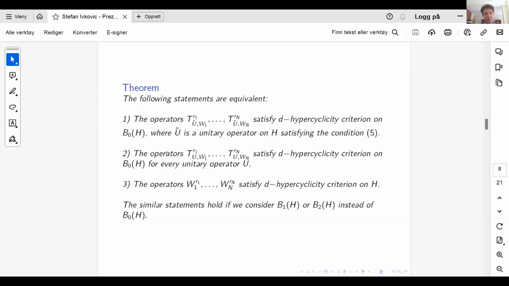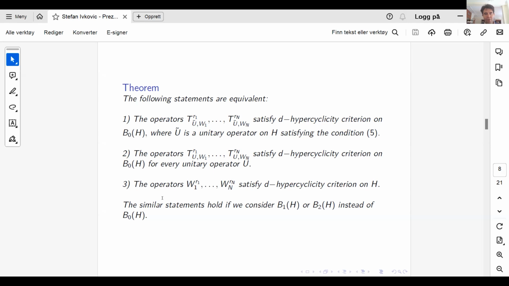The second statement says that these operators satisfy the hypercyclicity criterion on B_0(H) for every unitary operator U. So now we pass to a general situation. We no longer consider a particular class of unitary operators, but every unitary operator U on H. And of course, these operators are, as I defined in the beginning, multiplying on the right by U and on the left by W and taking these powers R_1 up to R_n.